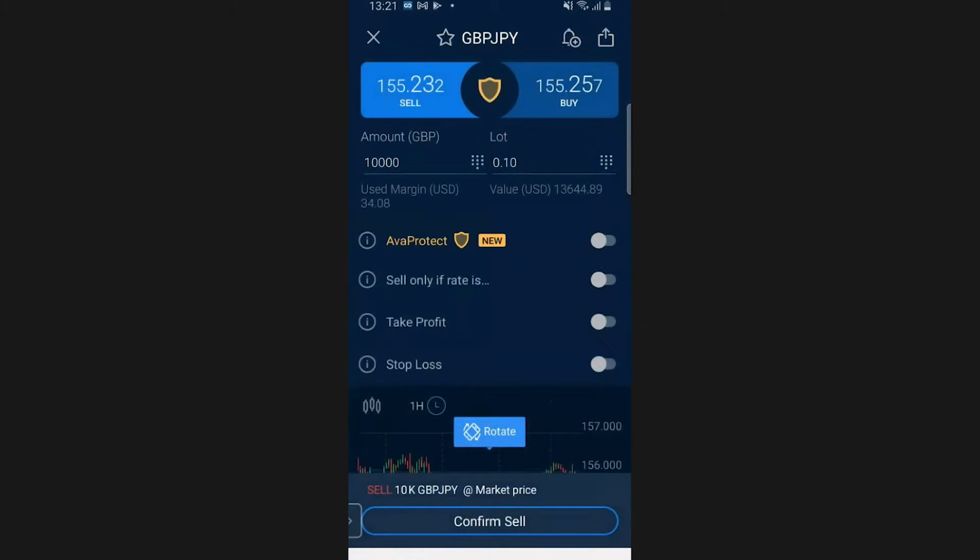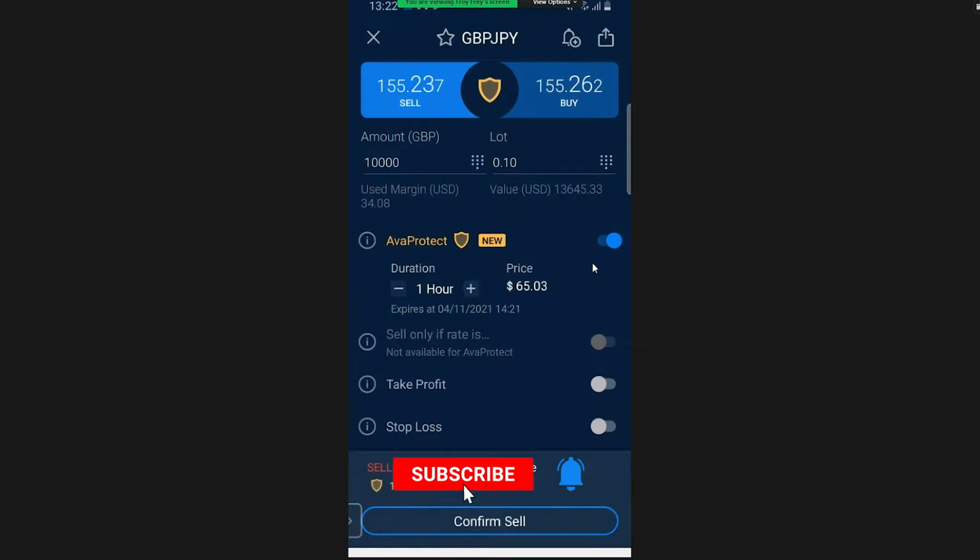You have some options. Using the app or the web trader platform, you can go ahead and put AvaProtect on it. AvaProtect, you can protect by the hour, by multiple hours, by the day, and you see the price changes a little.